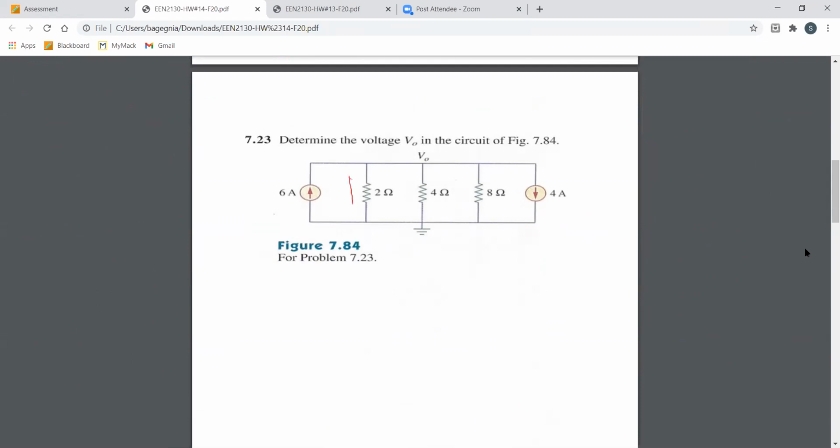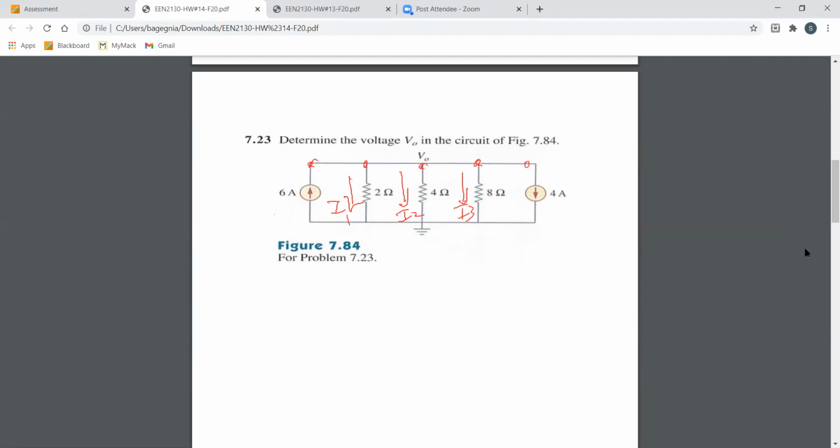This is again, just label I1, I2, I3. How many nodes do we have here? 1, 2. Sorry, how many do we have on the top? 1. You sure? Well, I count 1, 2, 3, 4, 5.